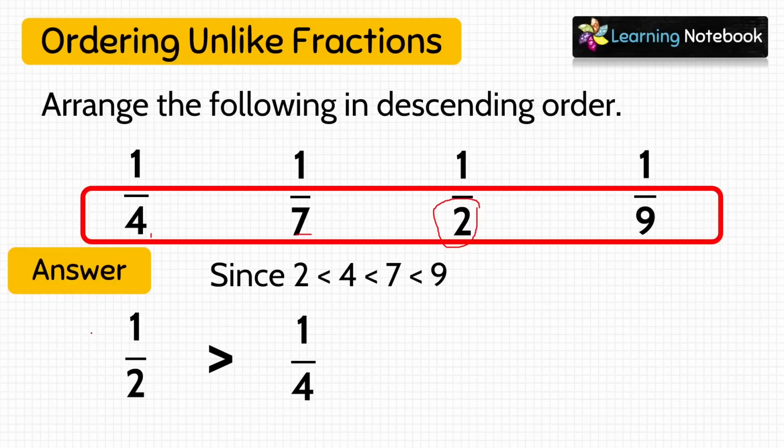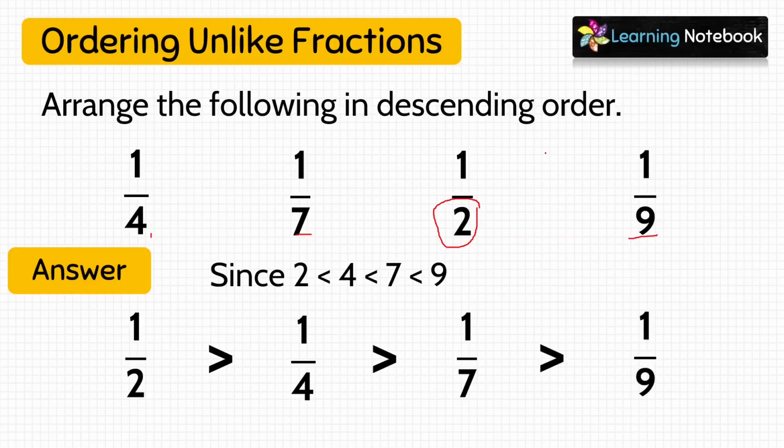So, it means fraction 1 by 7 is less than 1 by 4. And next we have denominator 9, which is greater than 7. So, fraction 1 by 9 is less than fraction 1 by 7. So, we have arranged the unlike fractions in descending order.